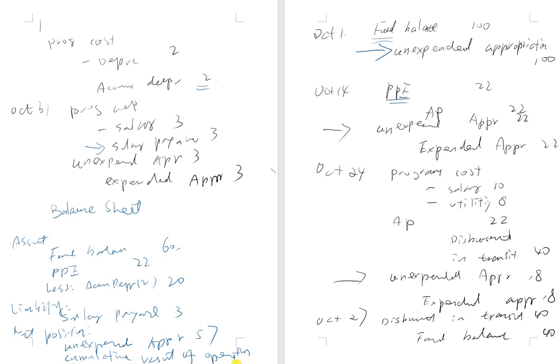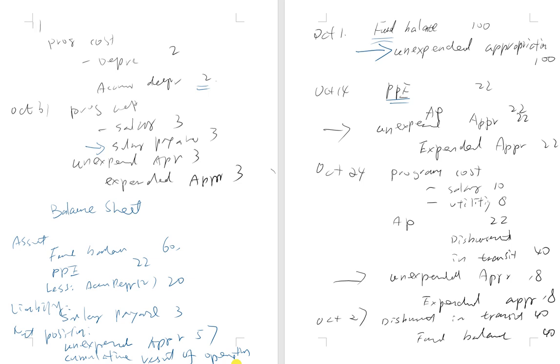All right, so this records the increase in our equity, or net position, from our spending. All those costs are not going to increase our net position, but we do have an asset, which is the PP&E assets. We spent 22, but depreciated 2.